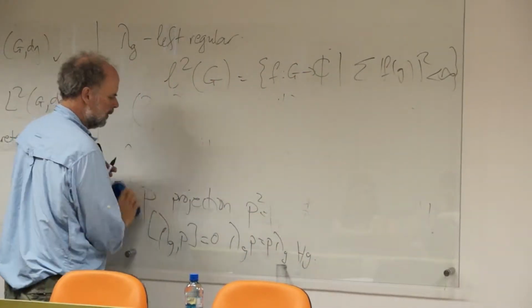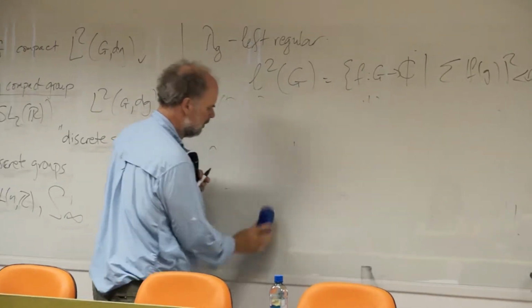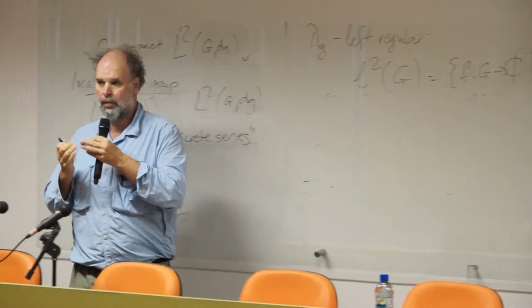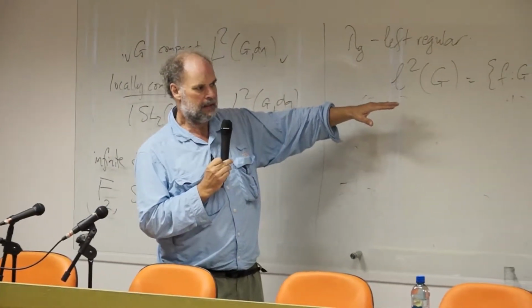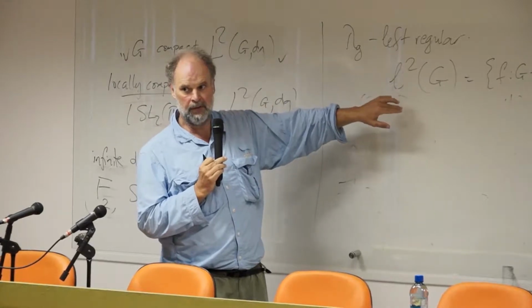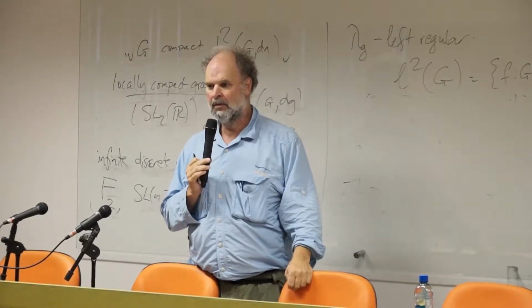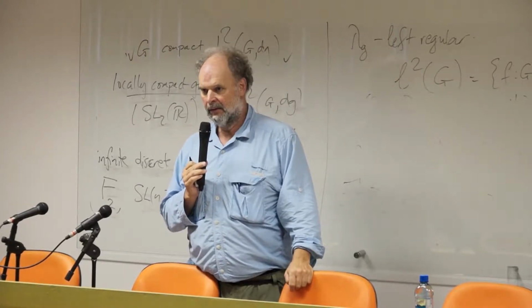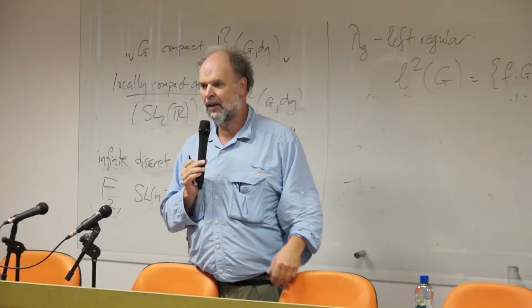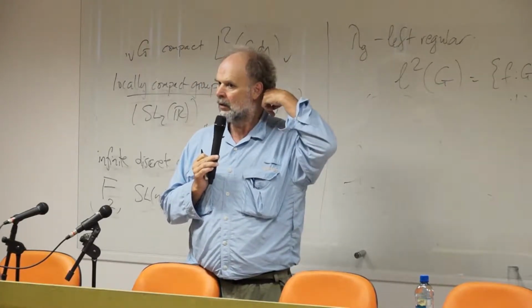So we would expect to be able to find lots of interesting irreducible representations of the group as subspaces of this Hilbert space, of L2 of G. And here things go wrong in about as bad a way as possible. There aren't any. You can never ever find any. And I want to explain why, and that's going to lead on to this theory of subfactors.